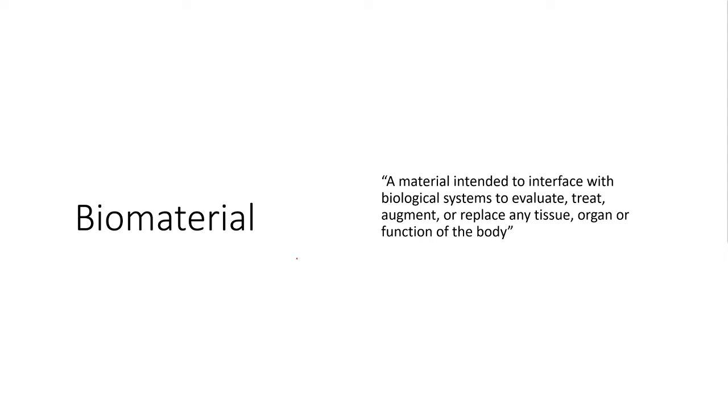So a biomaterial is a material that is intended to interface with biological systems to evaluate, treat, augment, or replace any tissue, organ, or function in the body. A very important part is this term biological systems, because something that material scientists don't need to consider that biomaterialists do is the fact that there is a biological system.